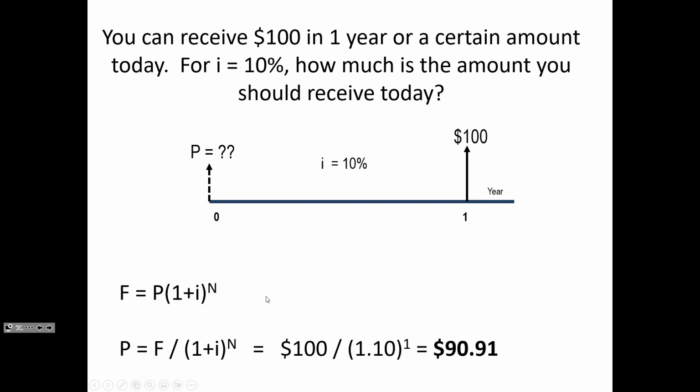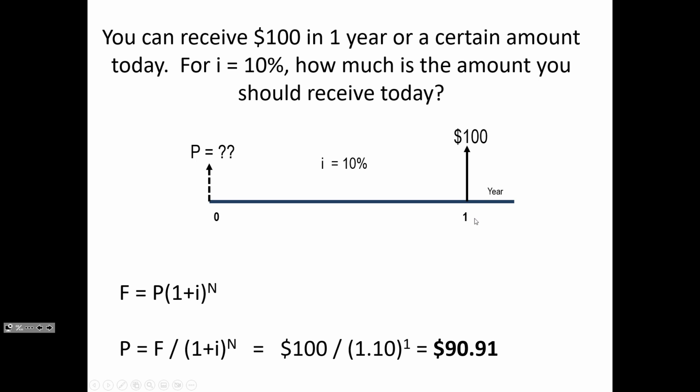As you already saw, you would have to have $90.91 at time 0, and then that earning interest of 10% would get you up to $100 in the future.